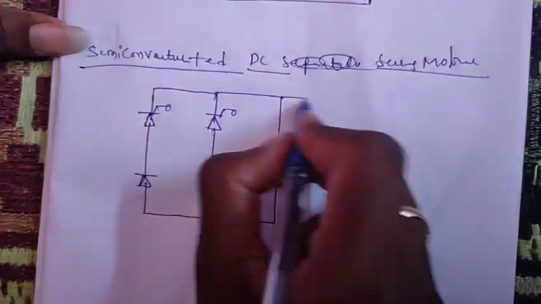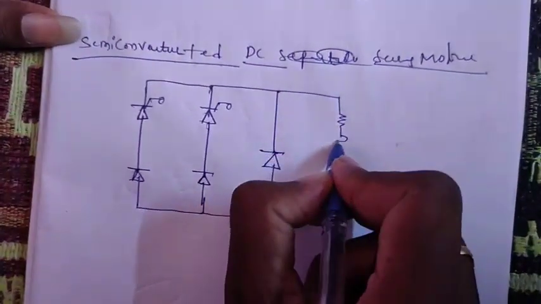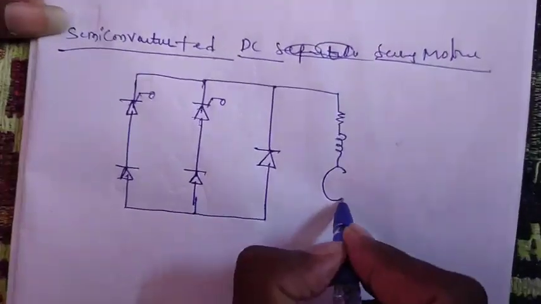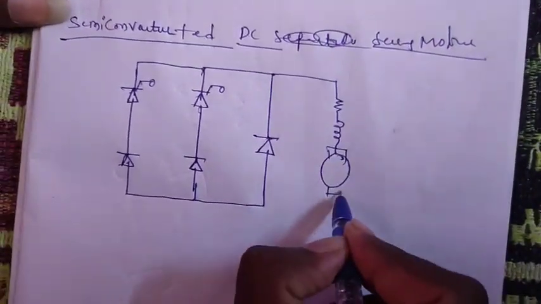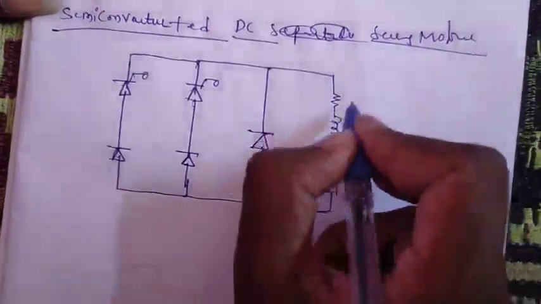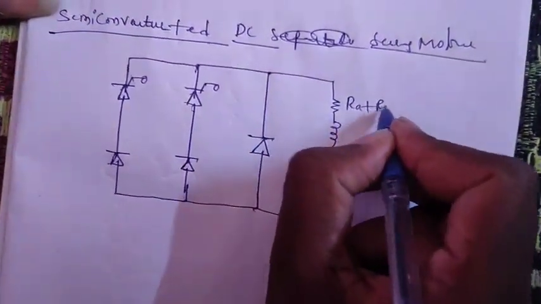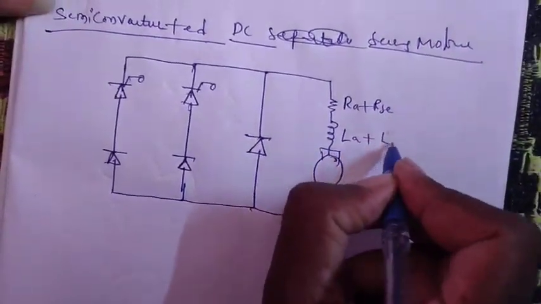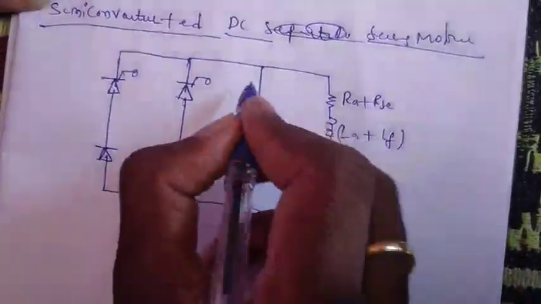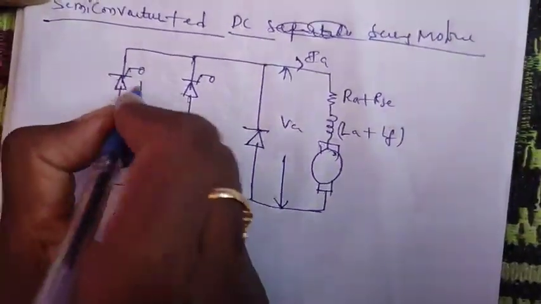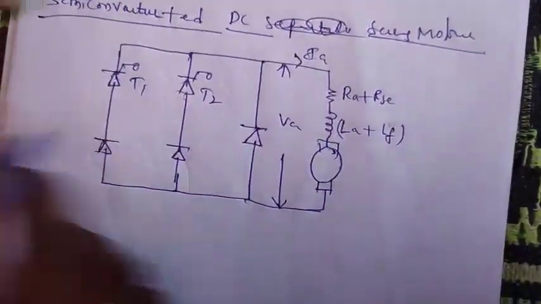This is the armature resistance RA plus series field resistance RSC, and the armature inductance LA plus field inductance LF. This is the armature current, and the voltage is VA.